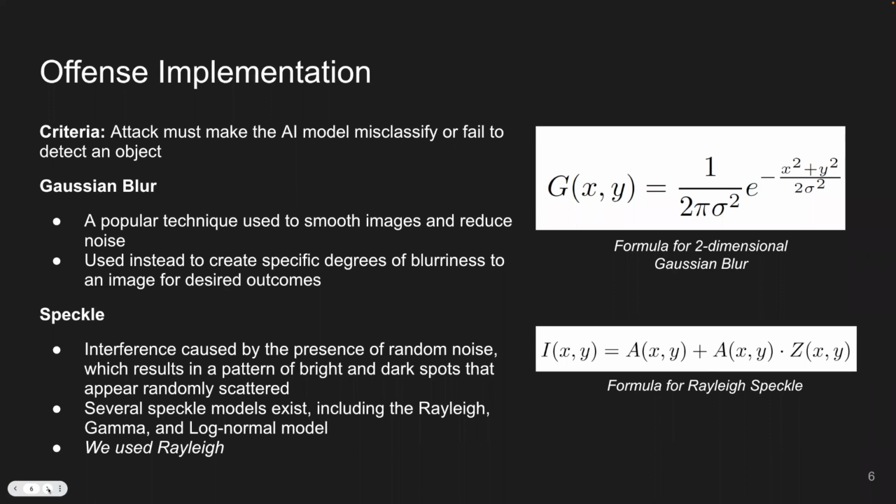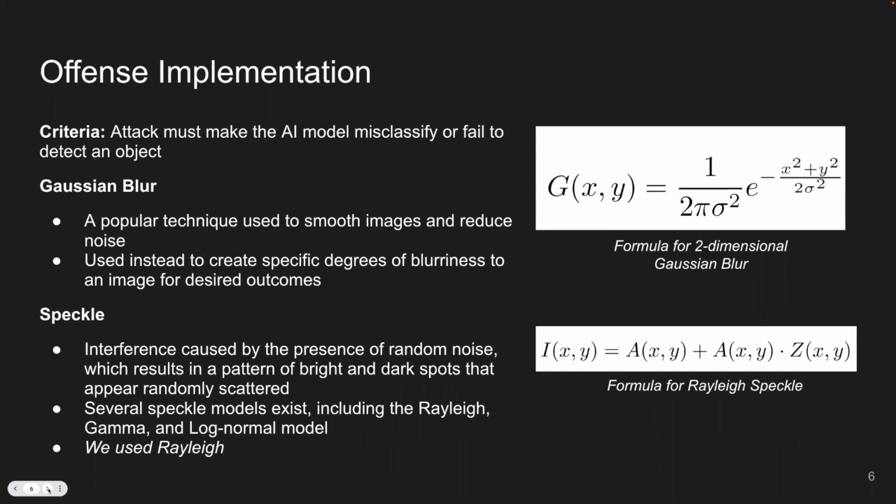Speckle was the second equation that we used, which created another type of interference caused by the presence of random noise in an image. Speckle results in a pattern of bright and dark spots that appear randomly scattered throughout the image. Speckle is common in ultrasound and radar imaging, where it can be caused by the reflection of waves from rough surfaces or irregularities in the medium being imaged.